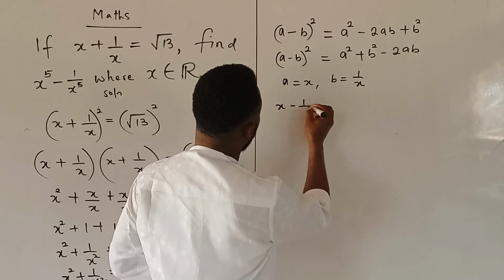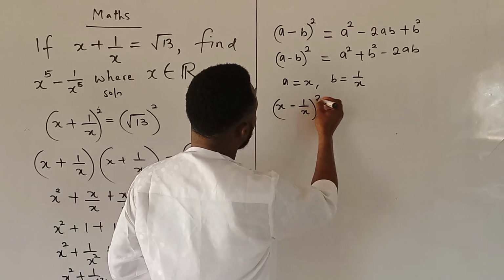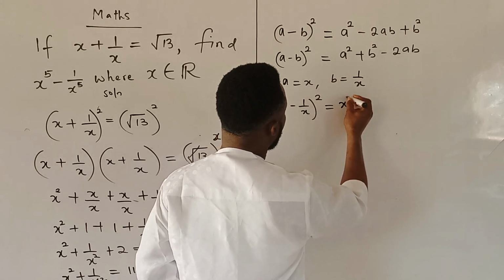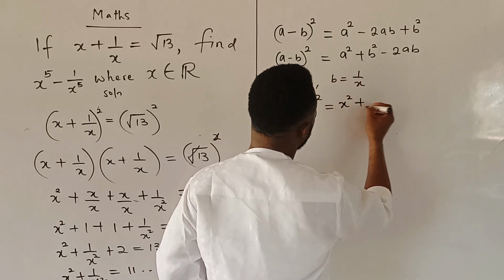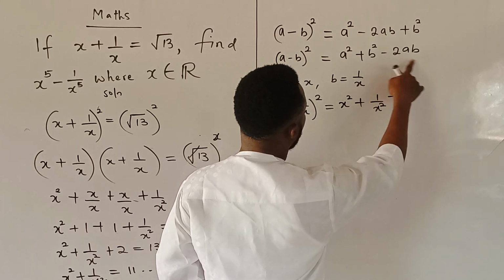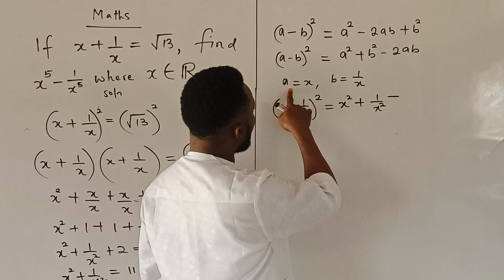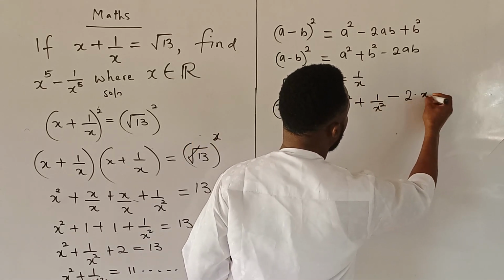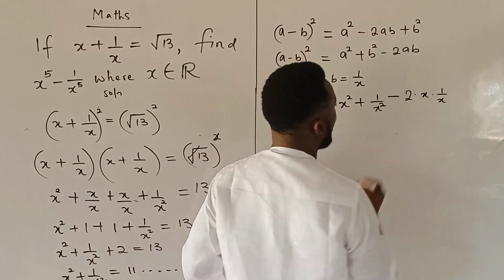s minus 1 upon s all squared. That will be equal to a squared, which is s squared, plus b squared, 1 upon s squared, minus 2 multiplied by ab. A is s, b is 1 upon s. That will be 2 multiplied by s multiplied by 1 upon s.